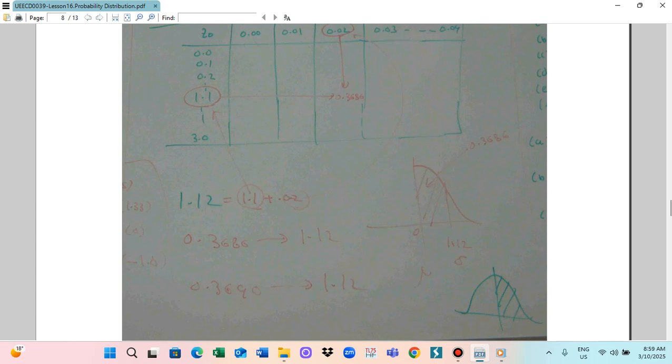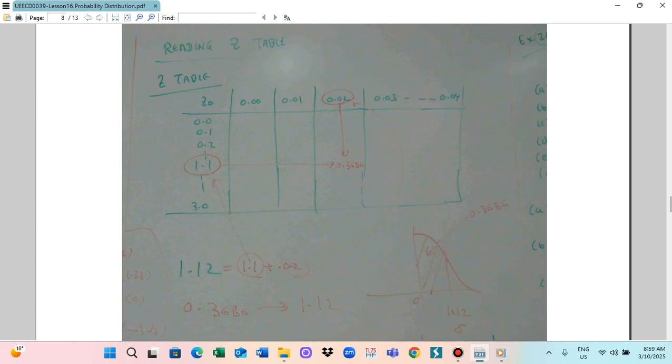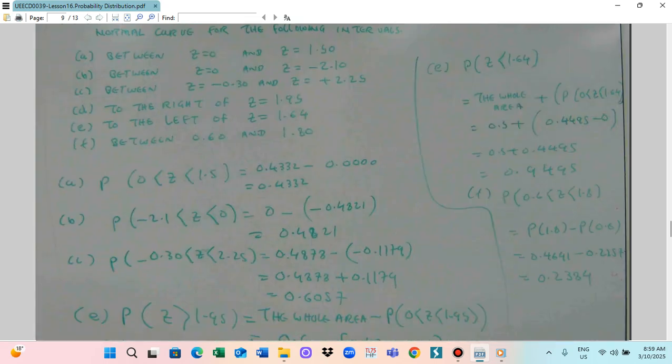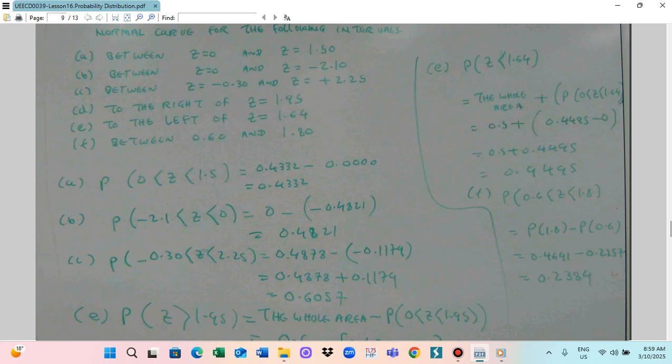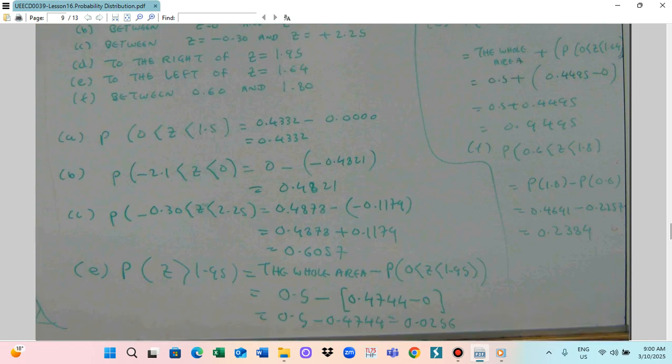For 2.1 you get 0.4821. So for minus 2.1 it is minus 0.4821. So 0 minus minus 0.4821, this minus becomes plus. So the answer is 0.4821.